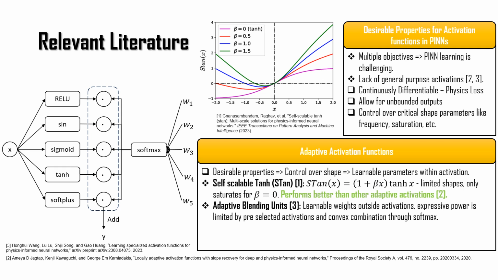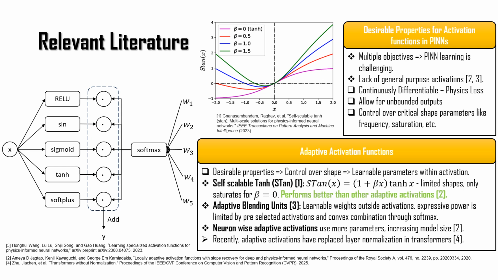Similarly, ABUs are limited by the pre-selected set of activations as well as the convex combination through softmax. Neuron-wise adaptive activations have also been proposed in the literature, but they increase the model size quite a bit. Recently, adaptive activations have also replaced normalization layers in transformers.